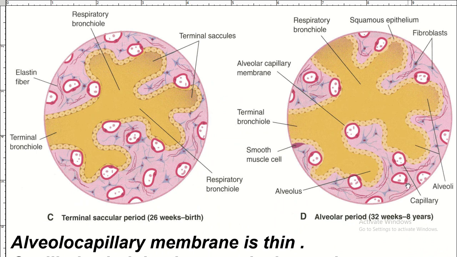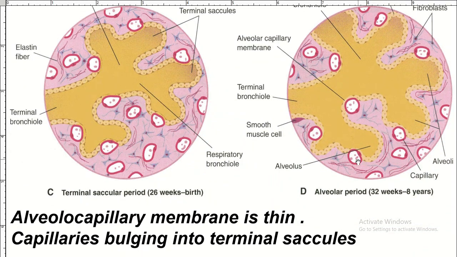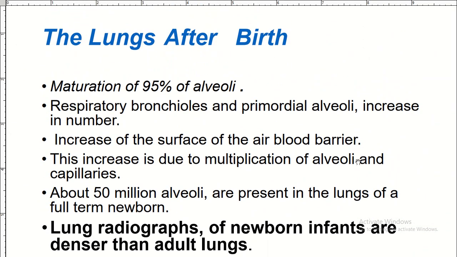You can see these elastic fibers that are very important for the recoiling of your lungs after birth. So maturation of 95% of alveoli. About 1 over 6 of alveoli are present at birth, which means 5 over 6 of alveoli mature after birth.